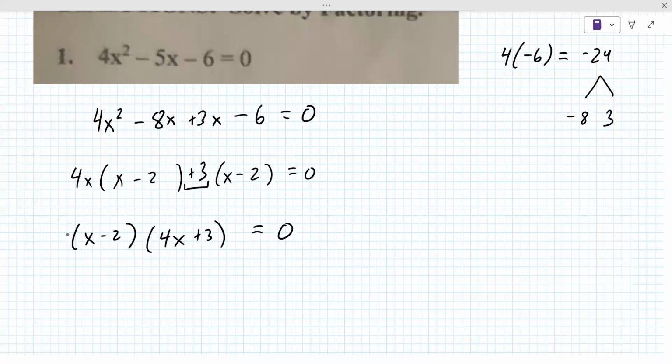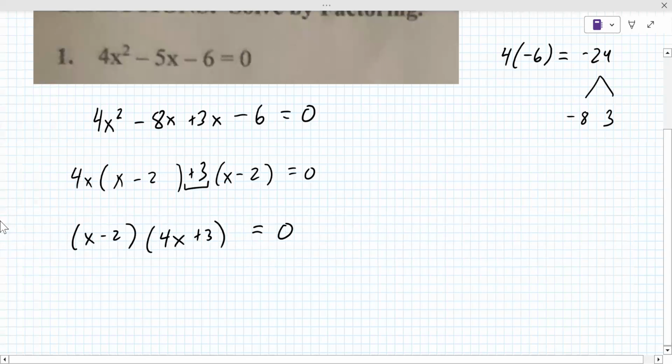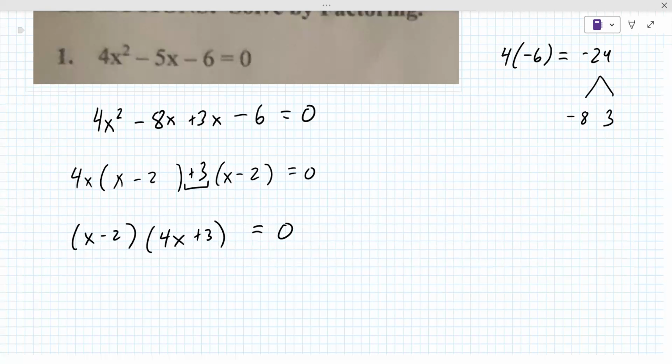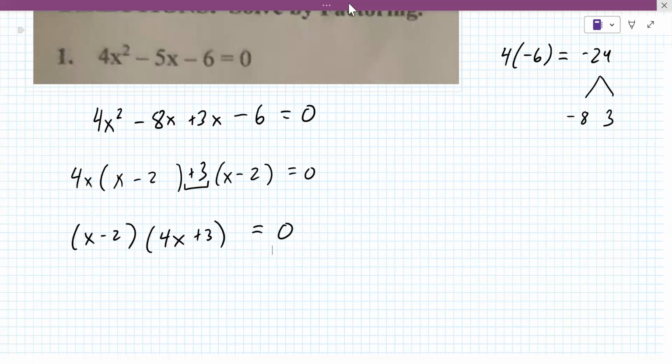You set it equal to 0. And from here, do you remember what to do to solve? Yes.